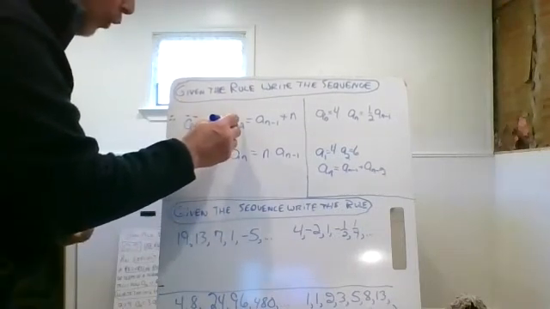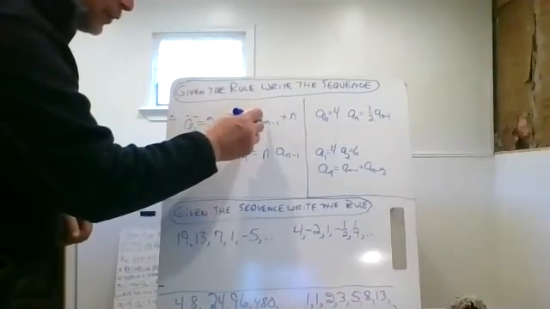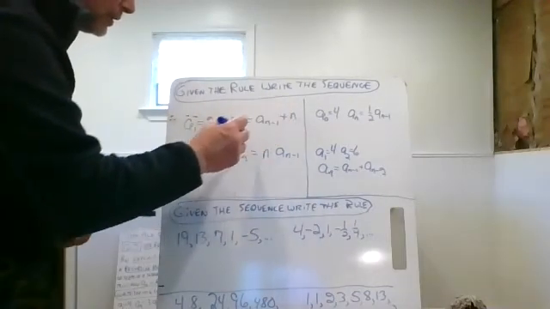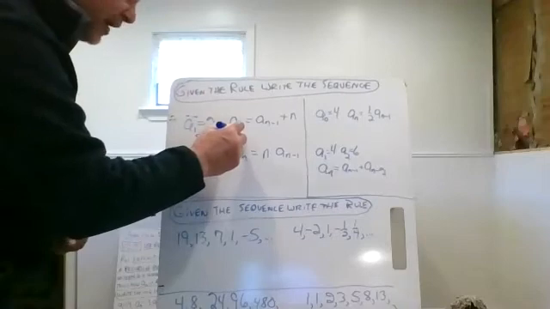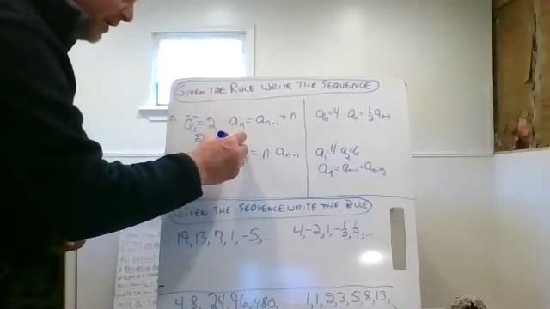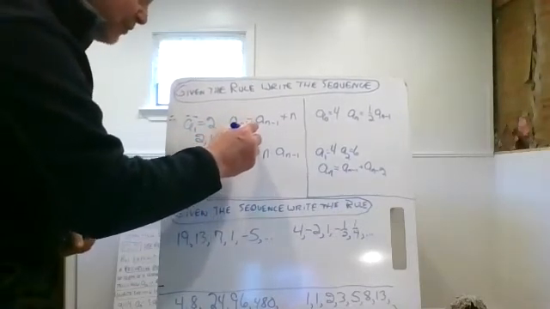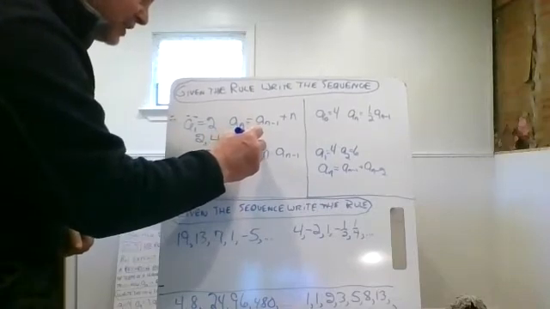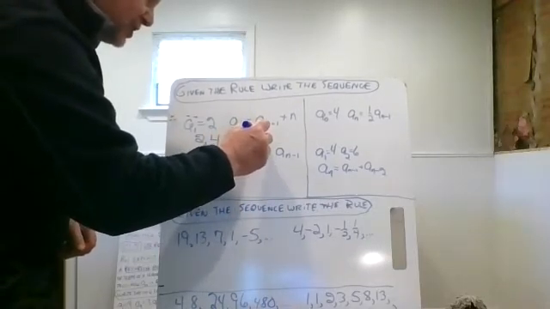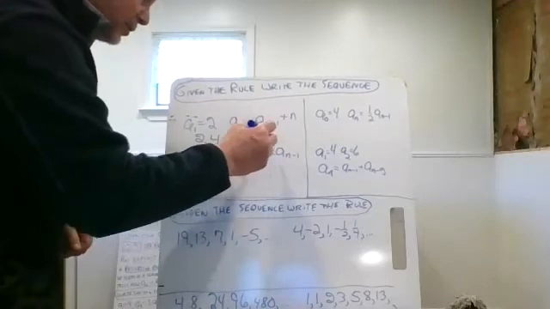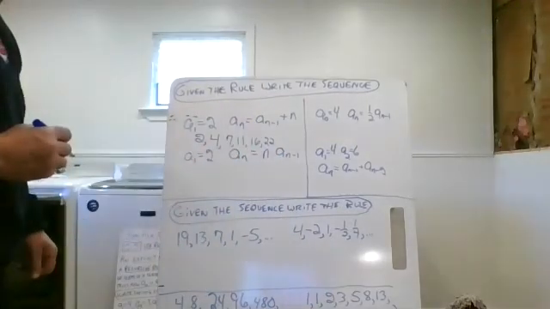A sub 4 is going to be a sub 3 plus 4. So now you're adding 4 to 7 and getting 11. Then you're adding 5 to 11 and getting 16. You're adding 6 to 16 and getting 22, and so on and so forth.